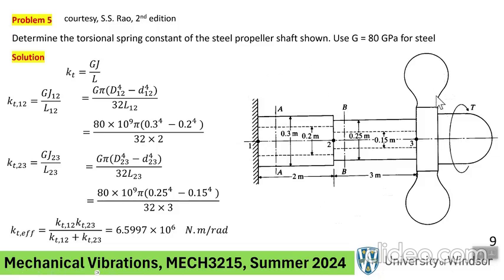Now, if this mass was right here, and this end was fixed, if this torsional mass was here, and that right side would be fixed, then these would be parallel.